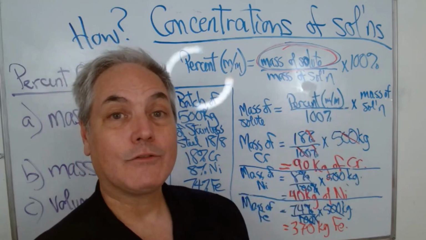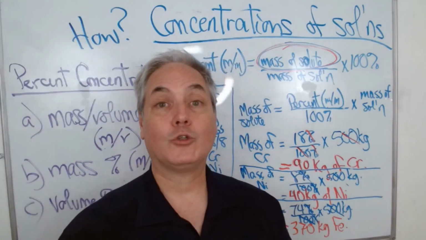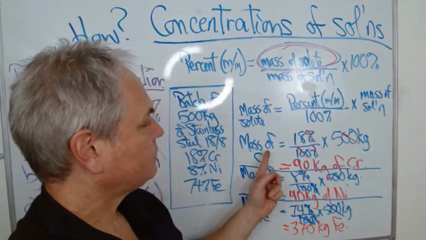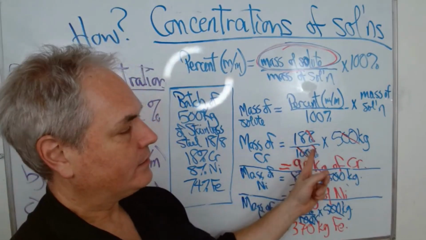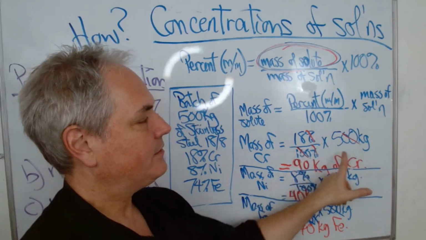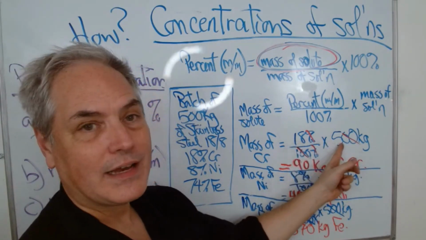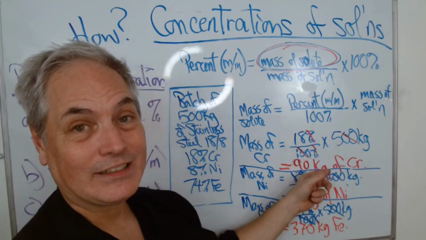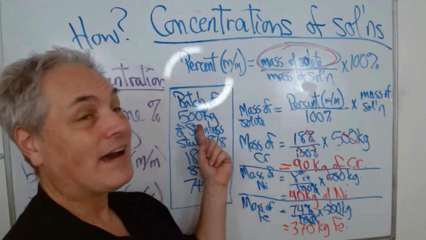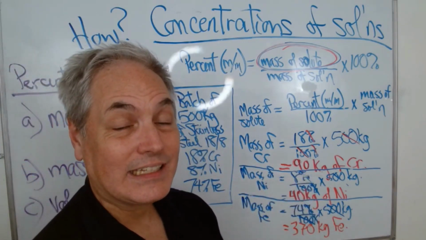So here, if you think of a solution, we don't talk about a solution that is a liquid, but a solution that is a solid. So we call them solid solutions. Here we simplify, we cancel out the percentage, we can cancel out the hundreds. So therefore 18 times 5 gives us 90 kilograms of chromium. That means that the mass of chromium in 500 kilograms of stainless steel would be 90 kilograms.